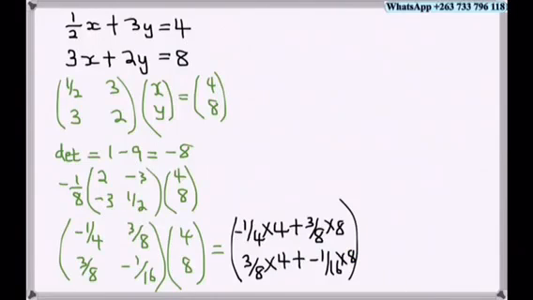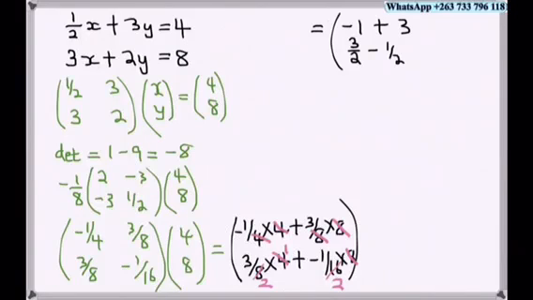Therefore, here also you can see that 3 over 8 is multiplying 4, and minus 1 over 16 is multiplying 8. So let's simplify this. You can see that 4 will cancel 4, 8 will cancel 4, then 4 over 8 is a half, 8 over 16 is a half. So therefore here it is 3 over 2, here it's minus a half.